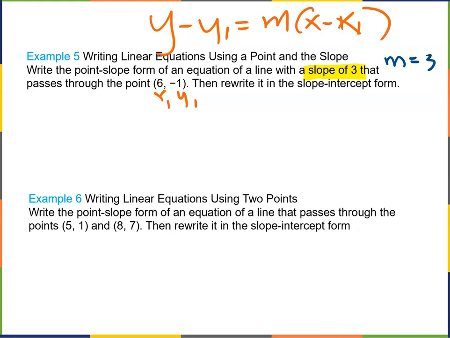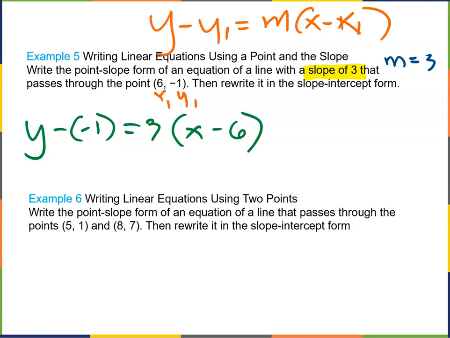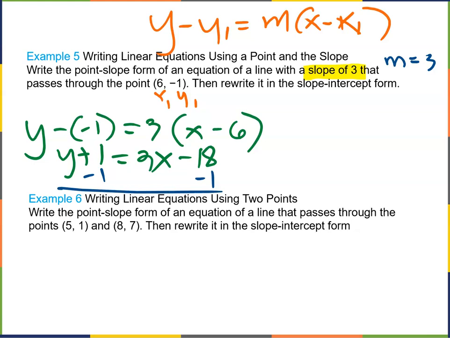So to write that, y minus -1 equals 3, which is the slope, times x minus x1, 6. y minus -1 is y plus 1. Distribute 3: 3x, 3 times -6 is -18, and then subtract 1 from both sides, and you will have y equals 3x minus 19.